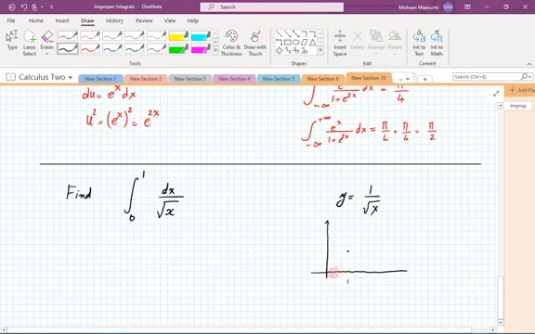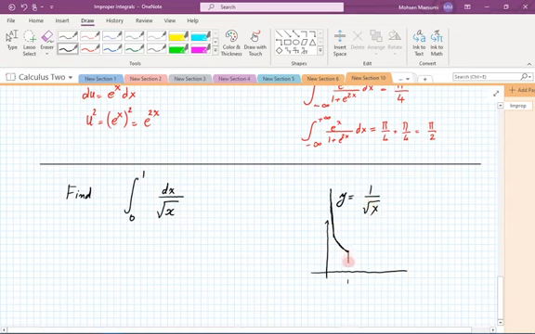As I go towards 0, suppose I go to 0.01 here. The square root of that is 0.1. 1 over 0.1 will be 10, meaning as I approach 0, I am pulling up. I'll go all the way to infinity like this. Obviously, when x goes towards 0, the denominator becomes positive 0, and the fraction becomes infinity.